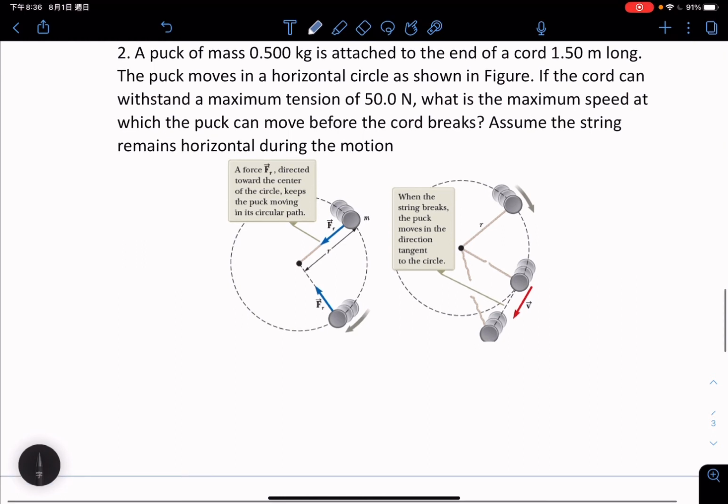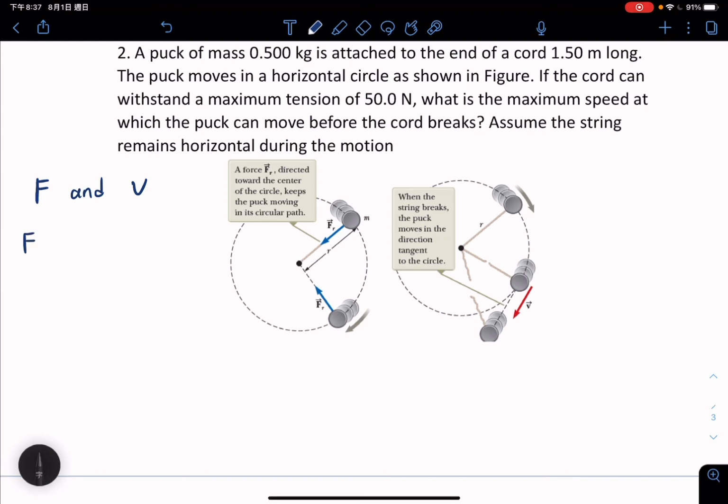Okay, and in this example, we have to know the relationship between F and the speed. The speed here is V. What is the relationship between F and speed? Then we can say F is the central force, right?